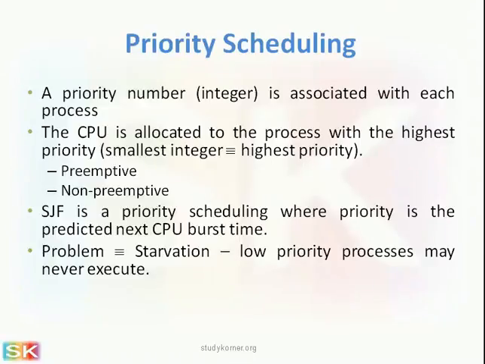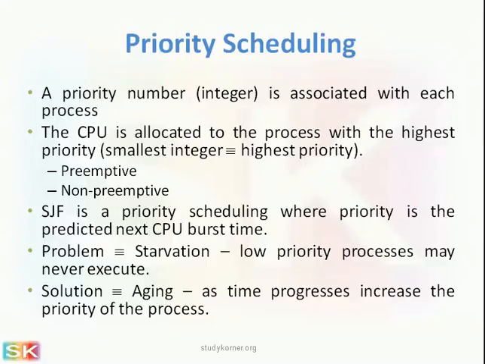In this case, the newly submitted process having the highest priority will be executed at that moment, and the processes with lower priority will never get executed, right? So the starvation problem may arise in case of priority scheduling.